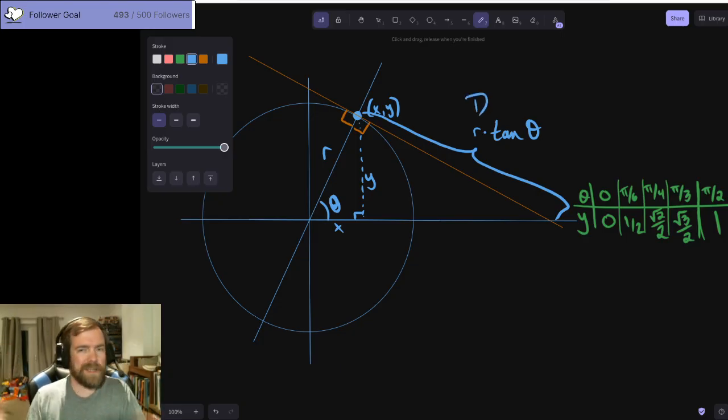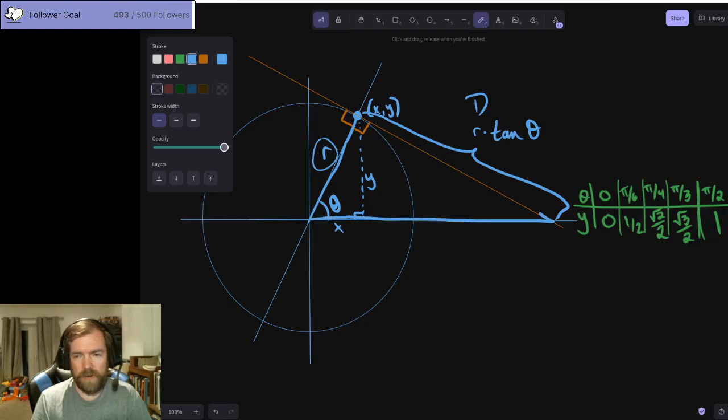Don't even call it anything in particular. We could just use d as the abbreviation there. Then we look at the other parts of the triangle that we have. We have r here, which is going to be the short leg of the tangent triangle. We've got this big triangle here, and we've got this little triangle here.